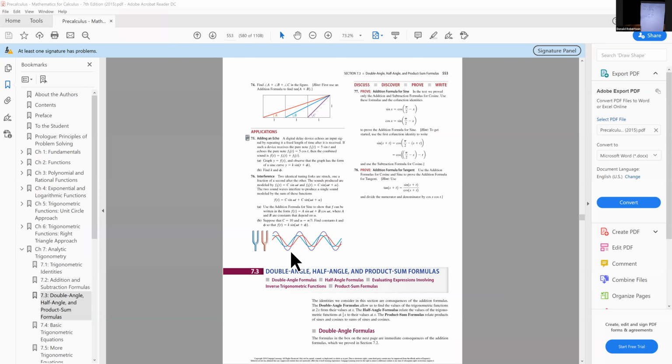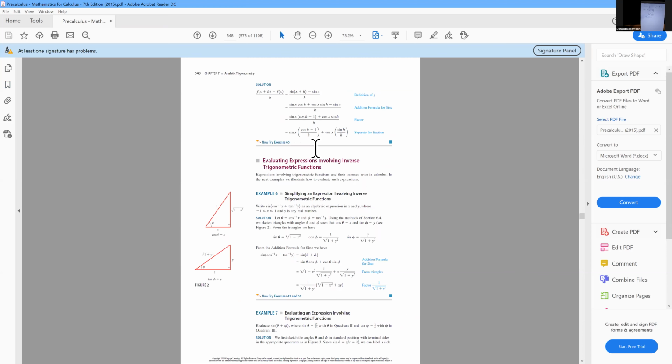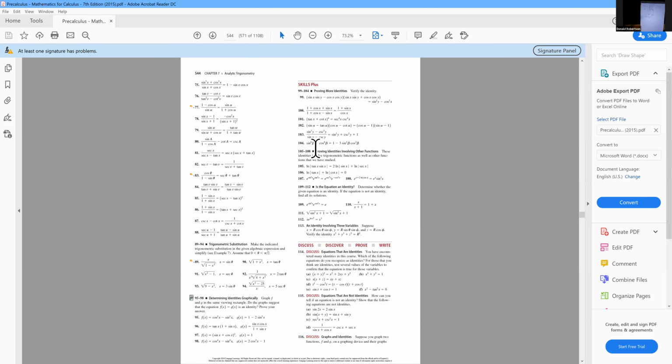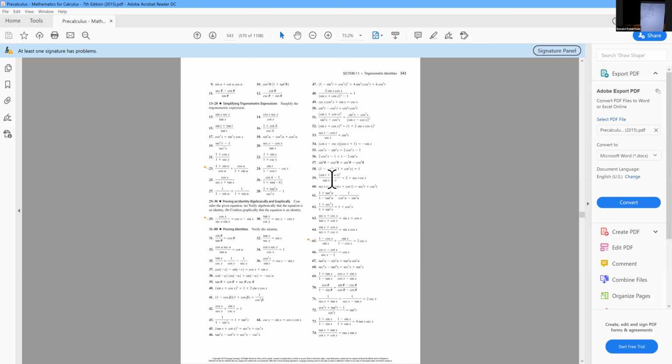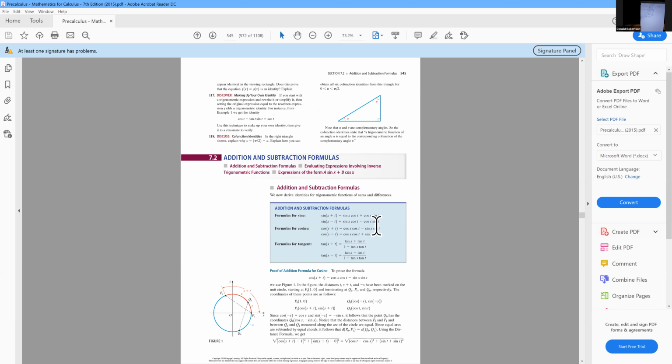Here we go. So what you should be looking at right now is the double angle half angle formula sheet. I'm assuming that's correct. If we zoom up here, these are the identities, which we haven't done today.